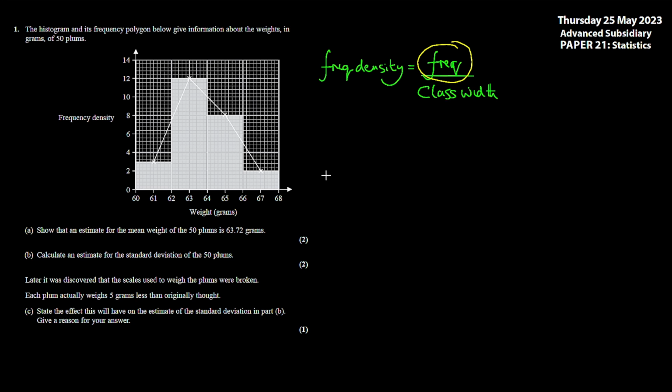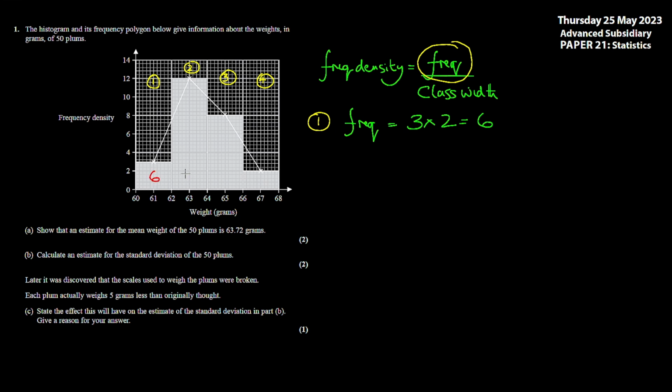For column 1, the frequency is equal to the frequency density value, which is 3, multiplied by the class width, which is 2, which is equal to 6. So there are 6 plums in group 1.